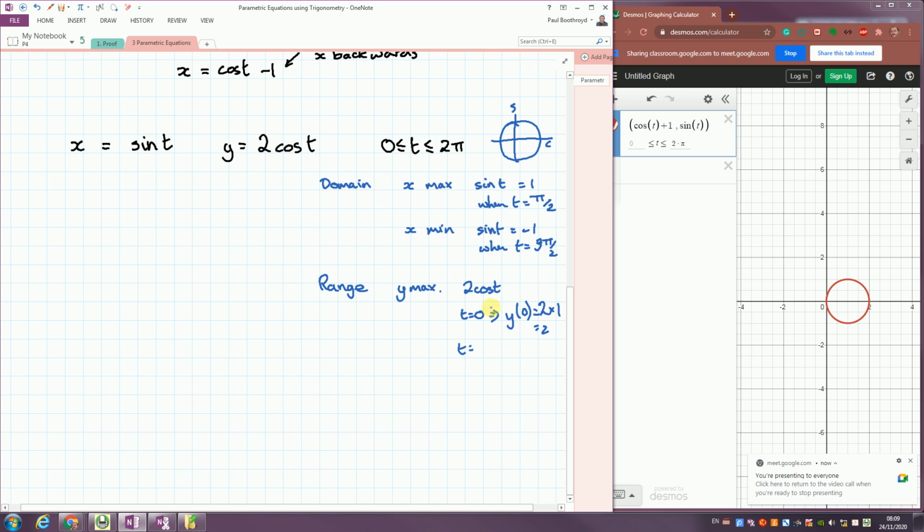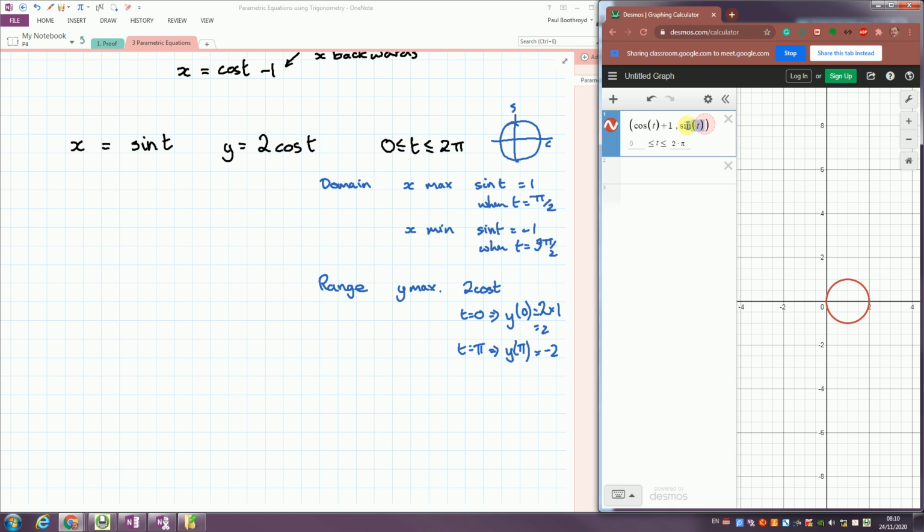And when t equals pi, at the other end, that gives me the other limit: y of pi is minus 1 times 2, which is minus 2. So this gives me a function in the y direction with a range of minus 2 to 2, and in the x direction a domain of minus 1 to 1. And what it actually produces is an ellipse.